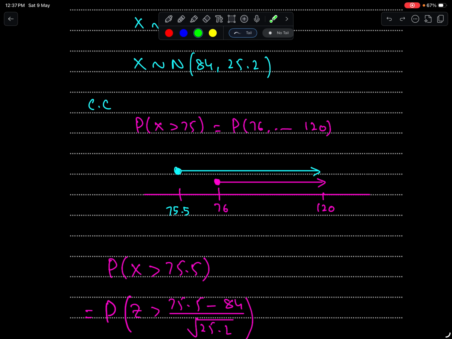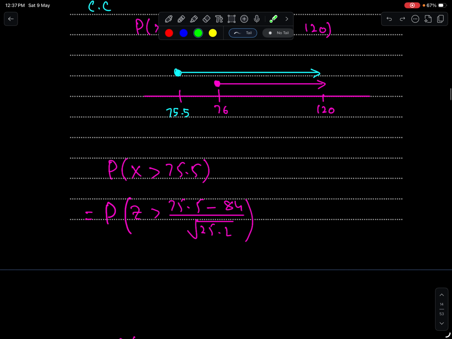Now draw the number line. Make sure you write the first inclusive integer here. The first inclusive integer is 76. Must mention that integer here. Since we are going on the right side, take its lower bound, which is 75.5. Now convert this statement from x to z with the help of this formula: x minus np divided by the square root of npq.